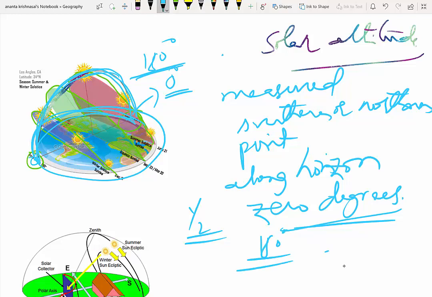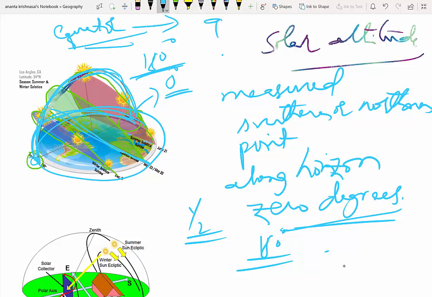Number one. Number two, if you look at the maximum solar altitude that is possible to occur on the surface of the earth, you also know that it occurs on the day of equinox, when the solar insolation is exactly overhead to the equator.